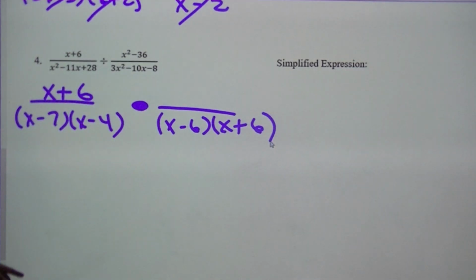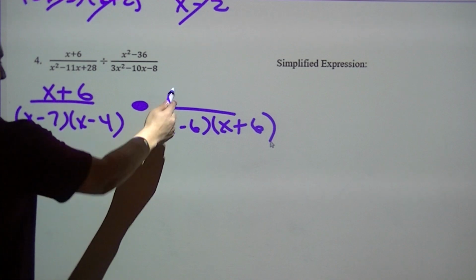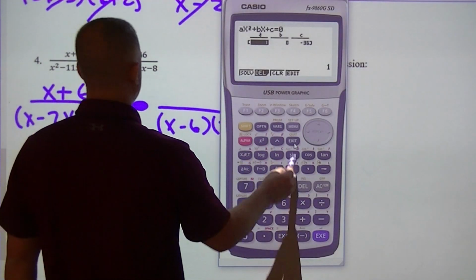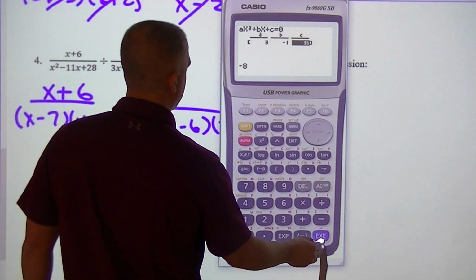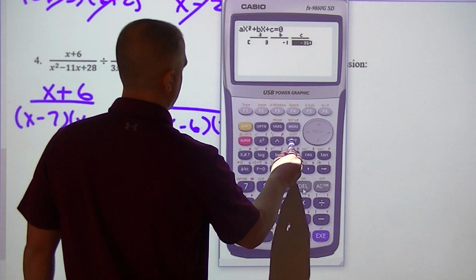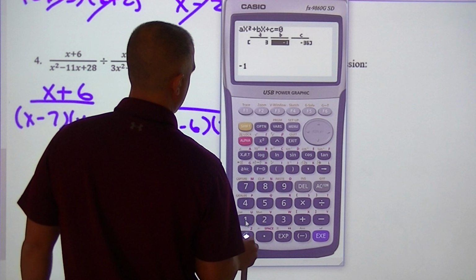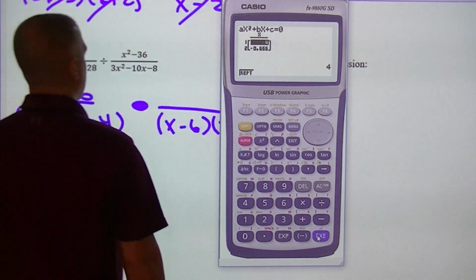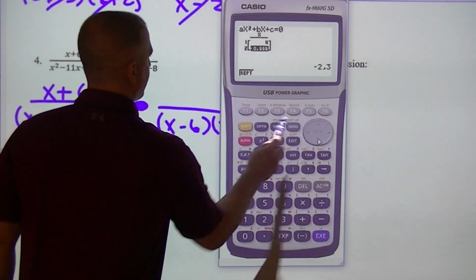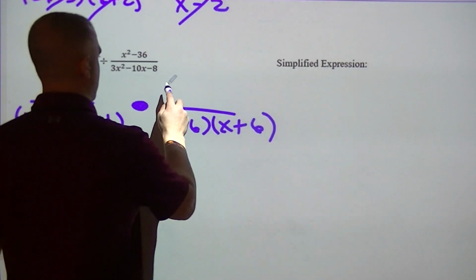All right? This is going to go up top. So I go 3, negative 10, negative 8. So that's going to be x minus 4, 3x plus 2.